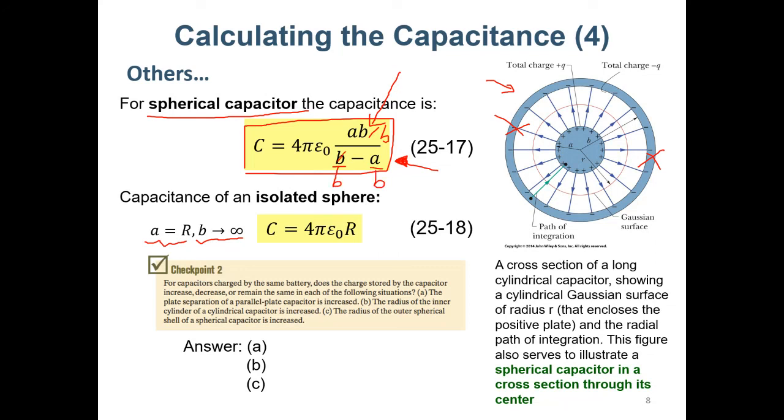So this is 1, so this is also 1, and this will tend to 0. So for the denominator, it is nothing but 1, and a is R. So we can simply derive 4 pi epsilon naught R for this case.